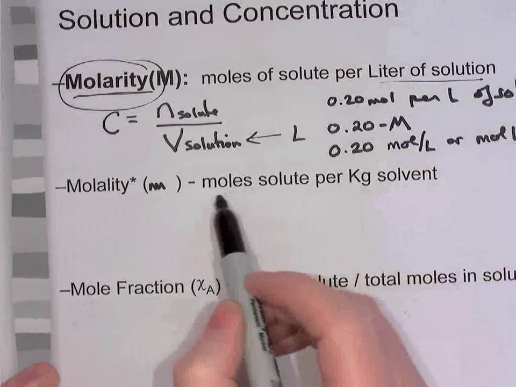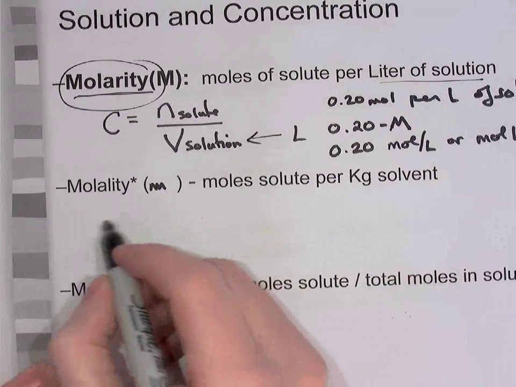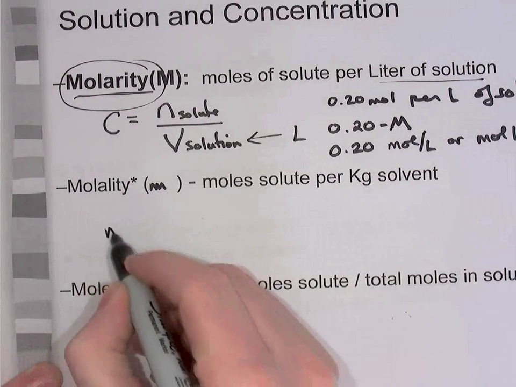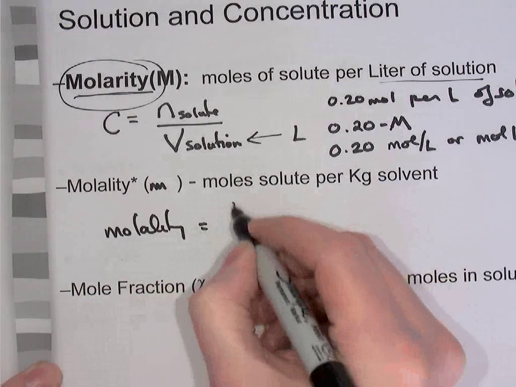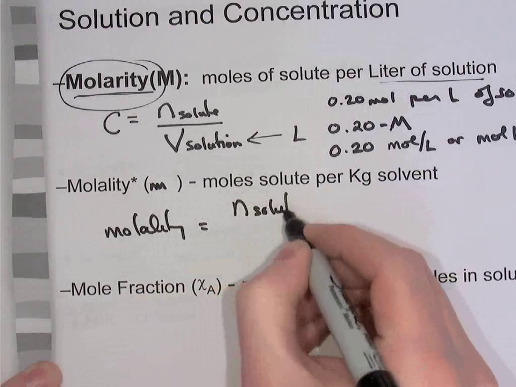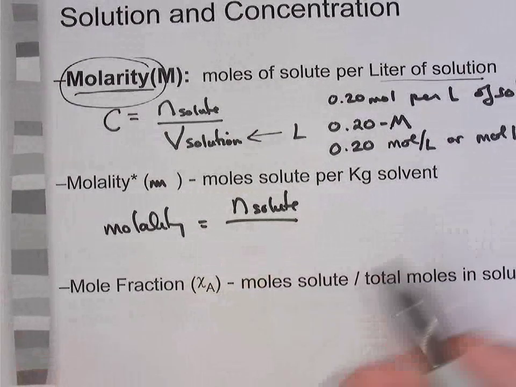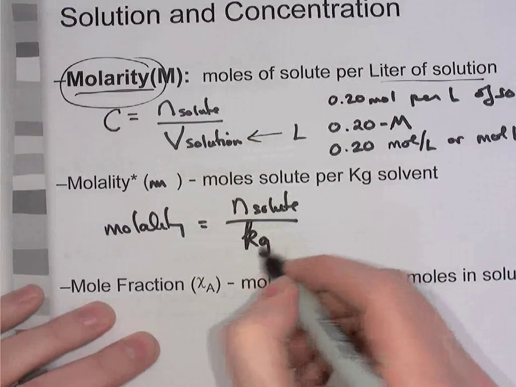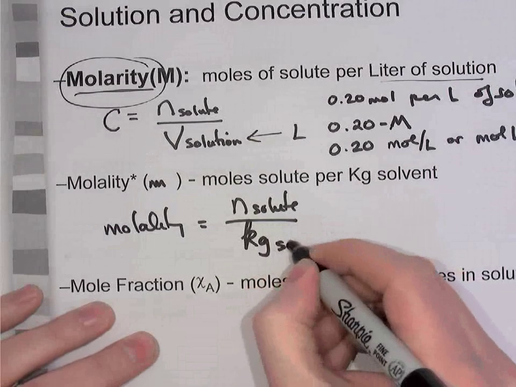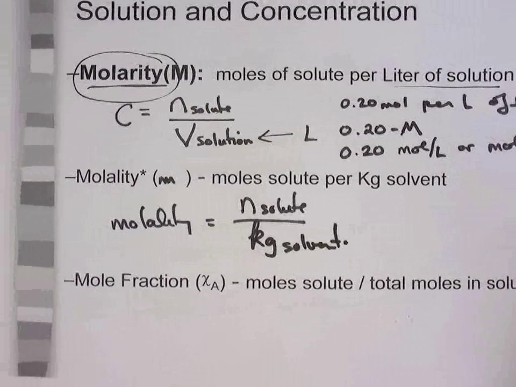It is the moles of solute per kilogram of solvent. So if you want to write a little formula for yourself, molality is the moles of the solute divided by, now I could just say mass here, a little m for mass of solvent, but instead I'm going to actually write kg of solvent, just to remind myself that it's kilograms.